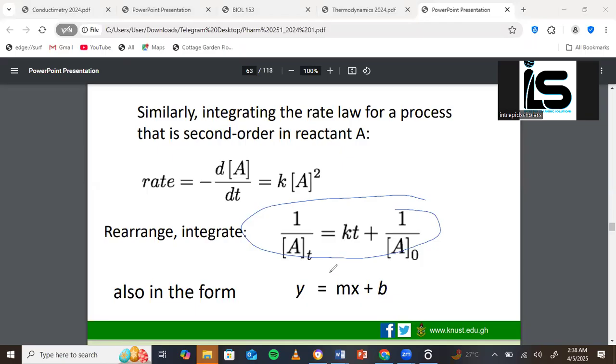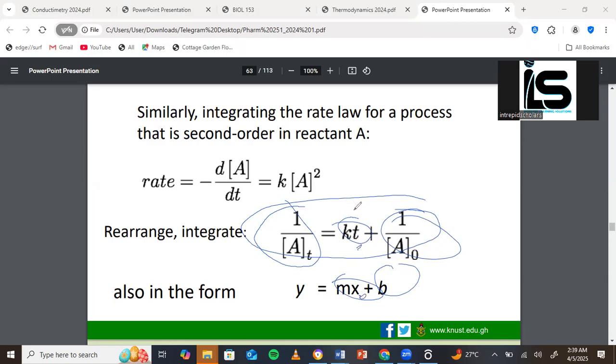When we are comparing this to the equation of a straight line, the y is 1 over the concentration of A at time t, which is equal to kt plus 1 over A naught. The kt here is the mx, the b here is 1 over A naught, and the x here is the t.